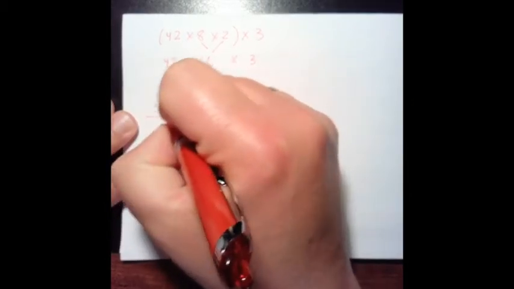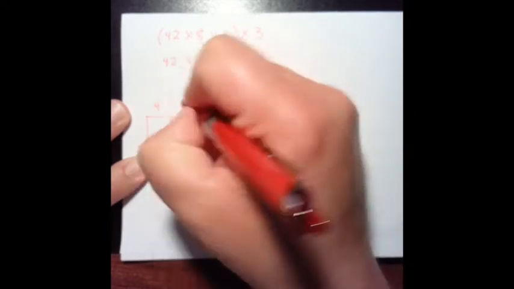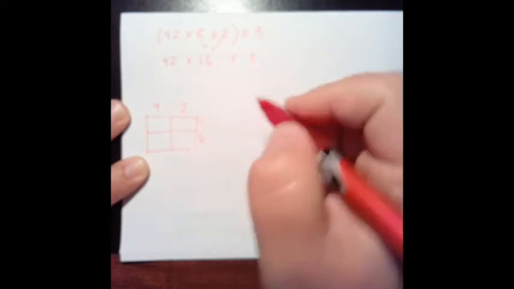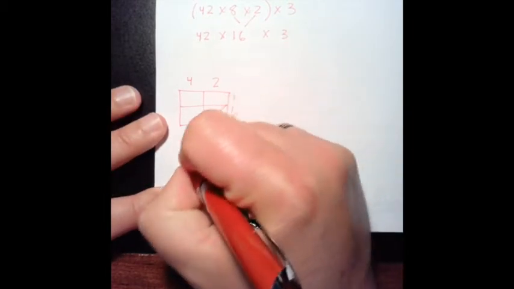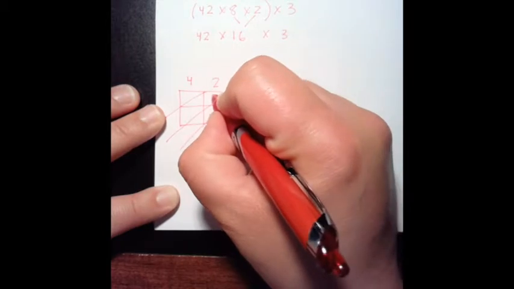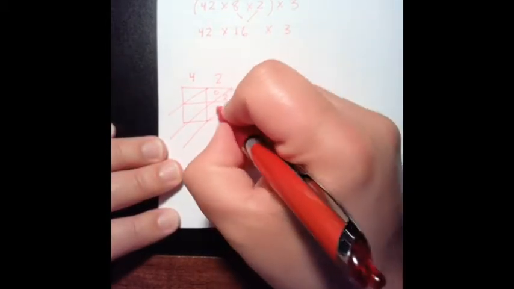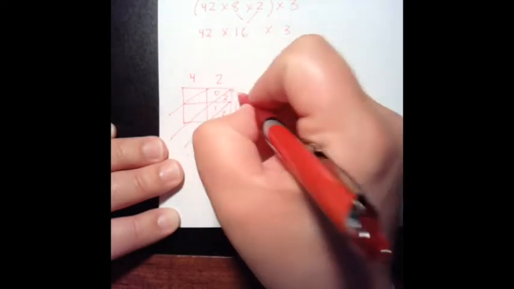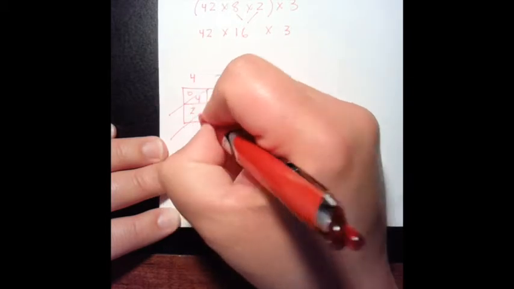And I like lattice. So I'm going to do 42 times 16. 2 times 1, oh, can't forget our diagonals. 2 times 1 is 2, 0, 2. 2 times 6 is 12. 4 times 1 is 4. 4 times 6 is 24.